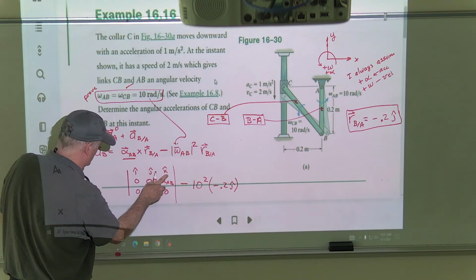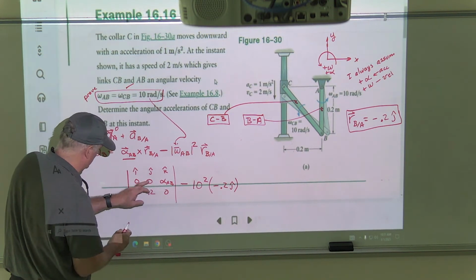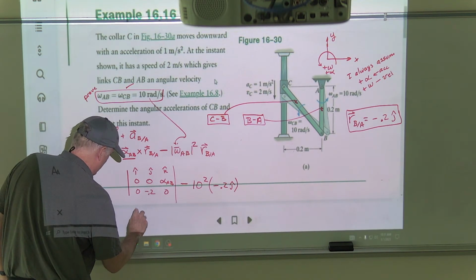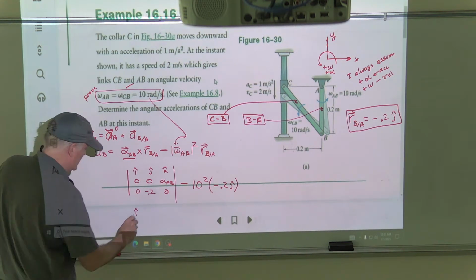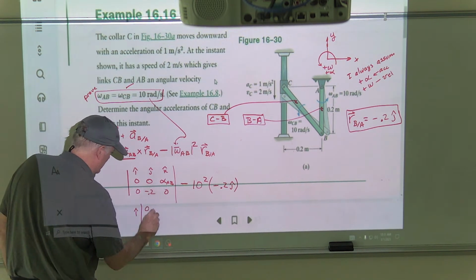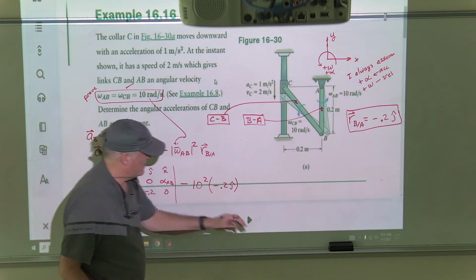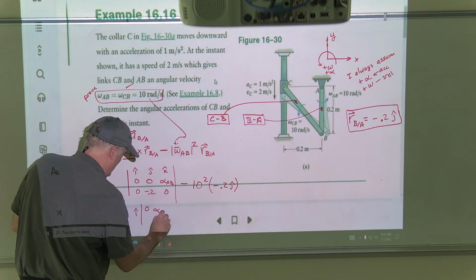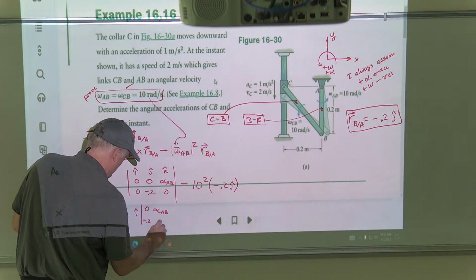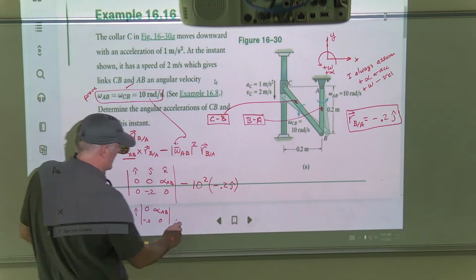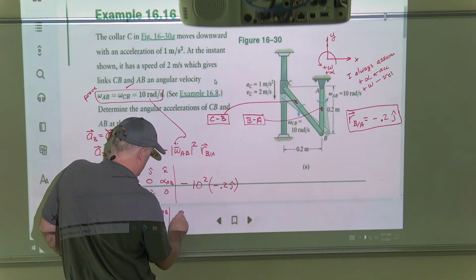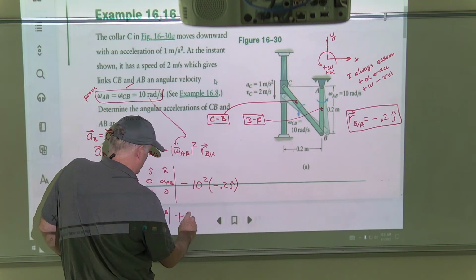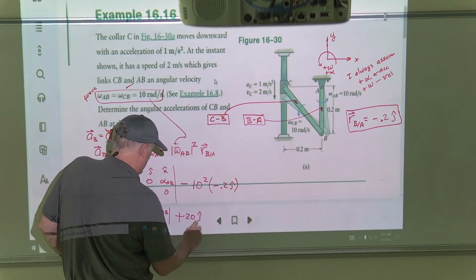Of course, if I do the determinant with the k, I get this times that, nothing. So the only one I get is associated with the I, and that is the I times 0 at alpha AB minus 0.2 and 0, and then I get plus, because this and this go together, I get 100 times 0.2, which gives me back 20j.